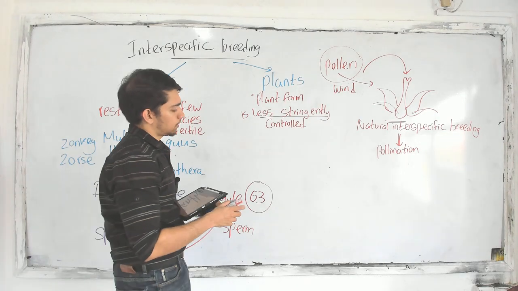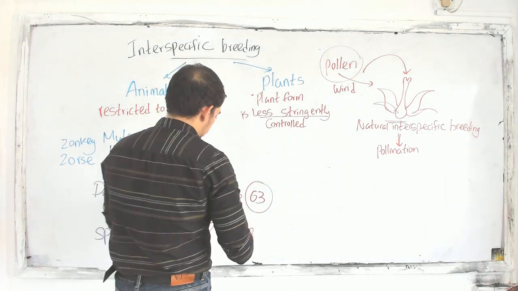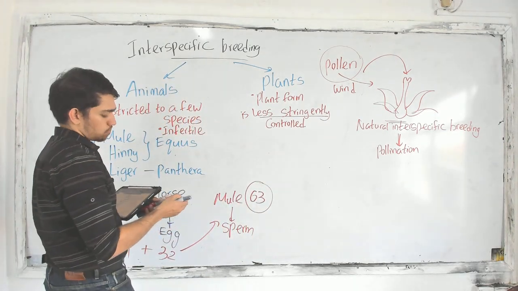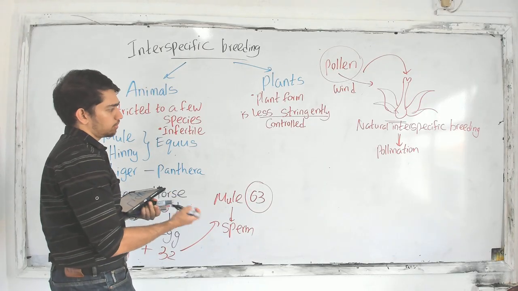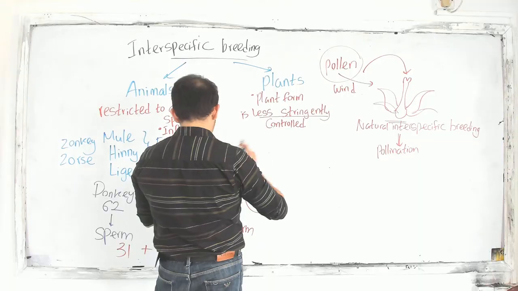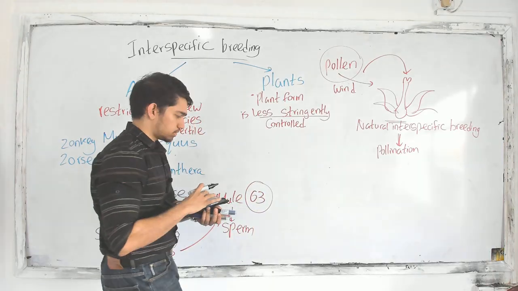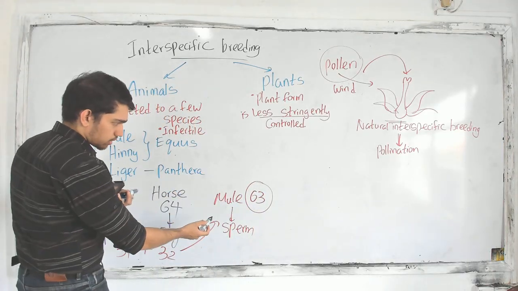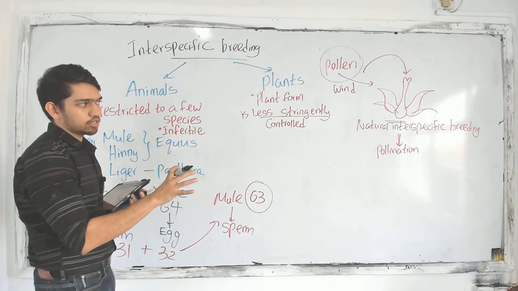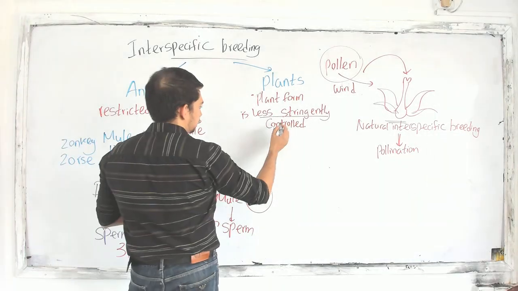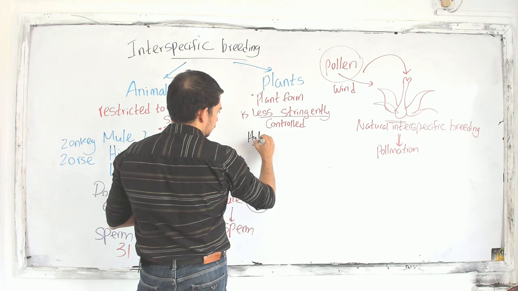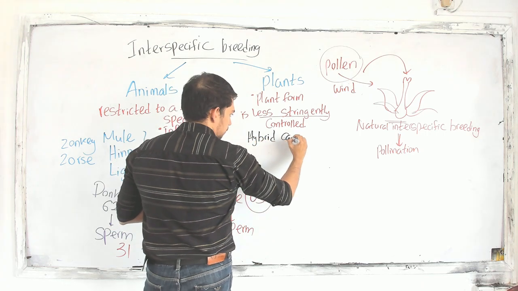Okay, right. This problem is still going to be there: the interspecific hybrid is sterile. Sterility is a problem because the two species can have different chromosome numbers, right? So even in plants, the hybrid can be sterile.